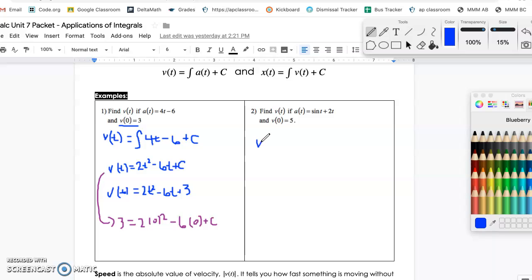So v of t equals the antiderivative of sine t plus 2t, and this should really say dt, plus c.